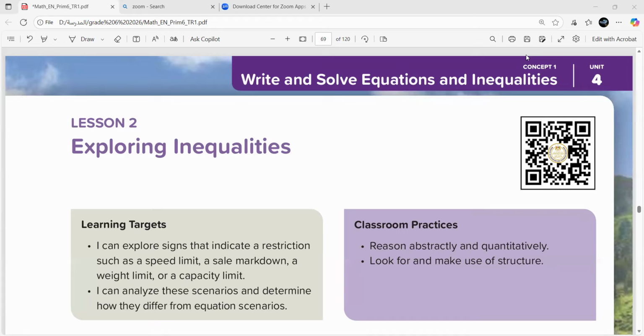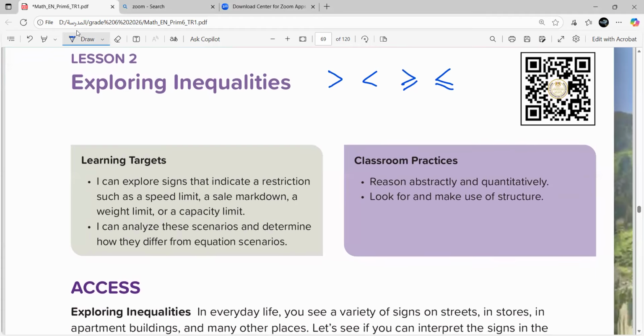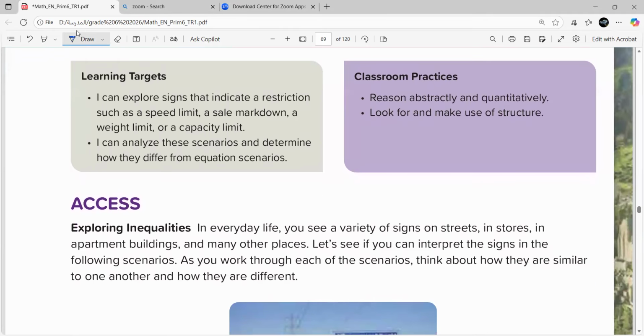We have four signs of the inequality: greater than, smaller than, greater than or equal, smaller than or equal. Let's recognize these four signs about the inequality.